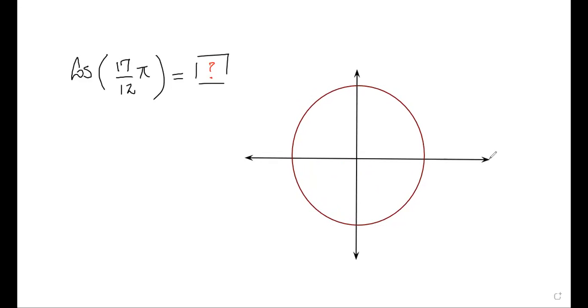What we know is that this axis represents the x, projection along this represents the cosine of any angle, and this axis represents y, which apparently any projection along that axis represents the sine of that angle. We have the origin of the circle and the Cartesian frame coinciding on top of each other, and the radius of the circle is 1. That's why this is called the unit circle.